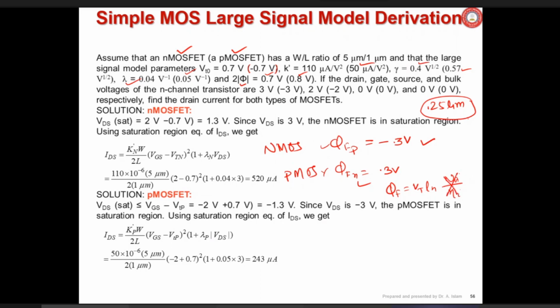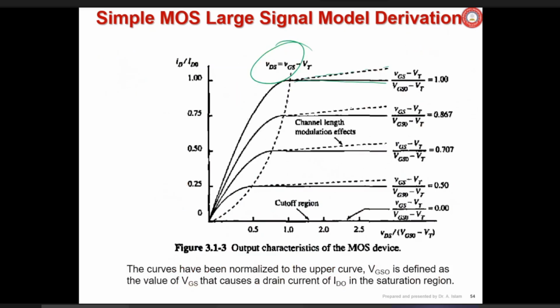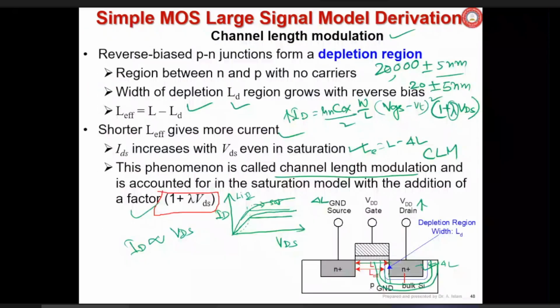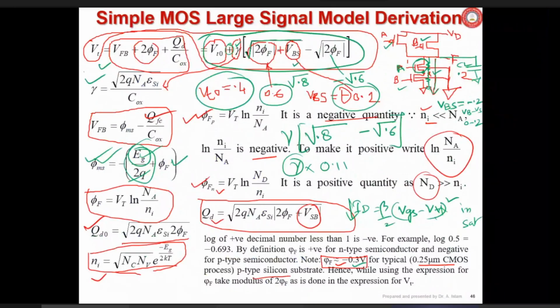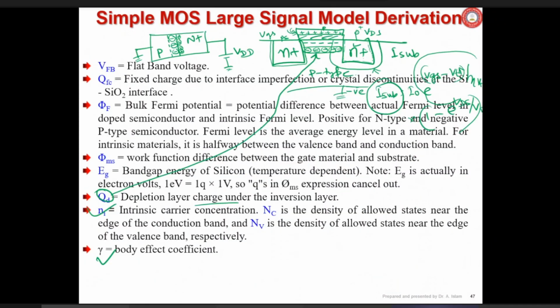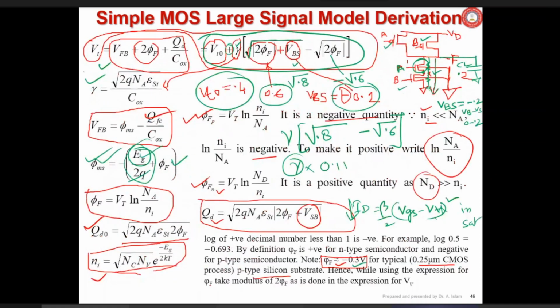I mean, ni by Na, Nd by ni, something like that was there or not? You go back and see that slide. It will be more clear. Where was it? Yeah, here Na by ni.